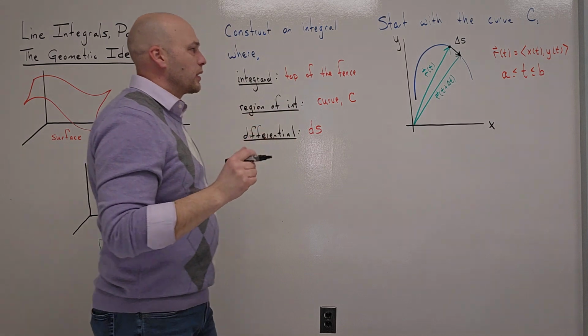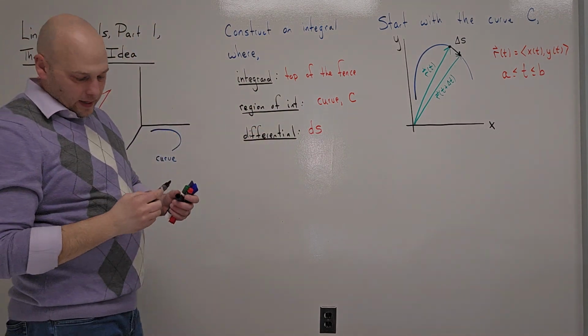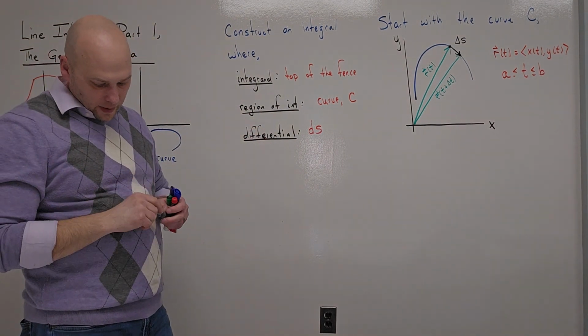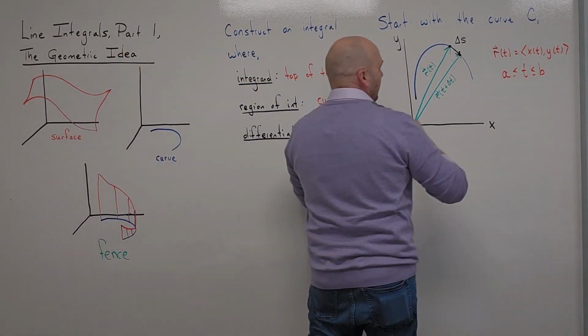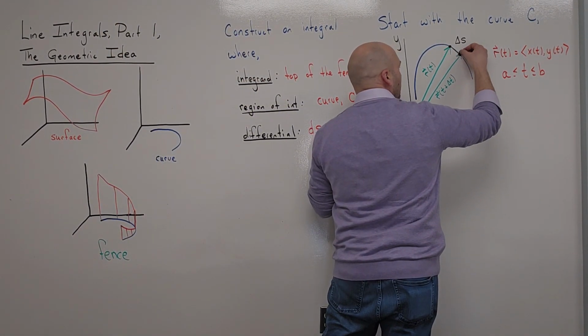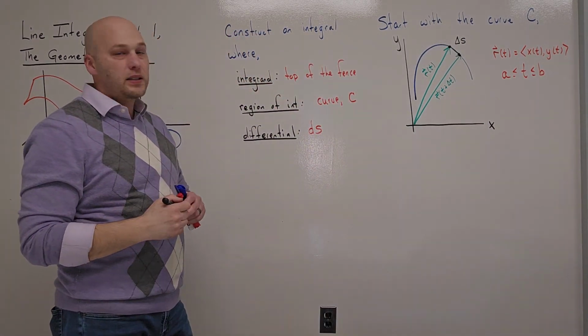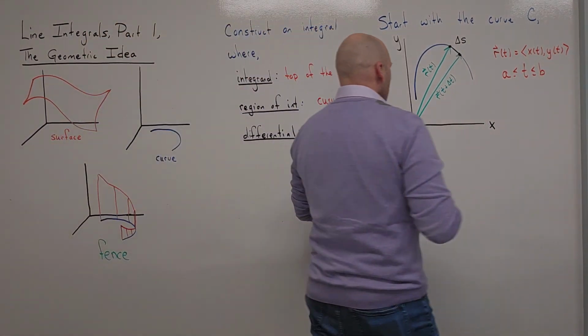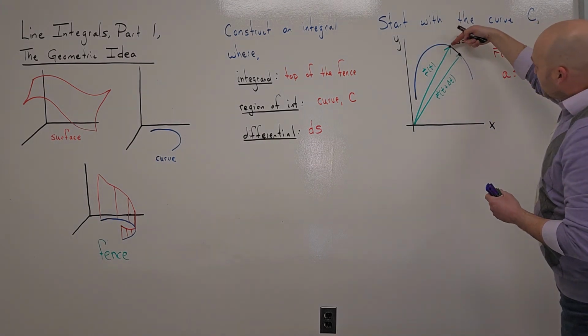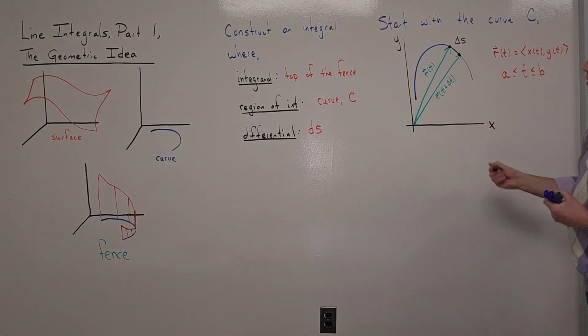I won't use it as a vector; I'll say it's approximately that length. So let's just say that line segment is approximately delta s. You can see that the straight line segment is approximately the length of the curve. All right, so let's work with that.